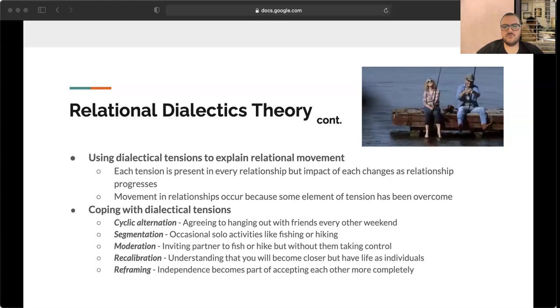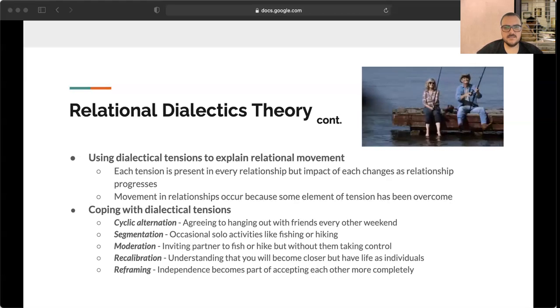This allows for your connection, but still preserves your autonomy. The next is moderation, and that's inviting your partner to fish or hike with you, but without them taking control because this is still your time and you're just inviting them along. Then is recalibration, and that's understanding that you will become closer, but you still each will have life as individuals.